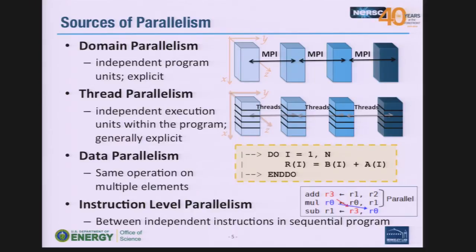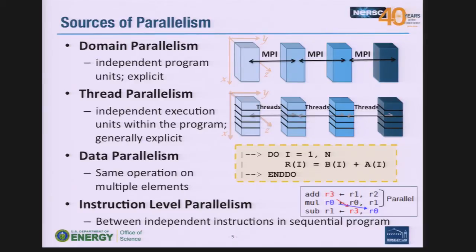This top one, we call domain parallelism. A lot of this is from the classic Patterson and Hennessy architecture textbook that you might know. Domain parallelism, I think of this as breaking up your application into tasks. And people are using MPI right now to do that.